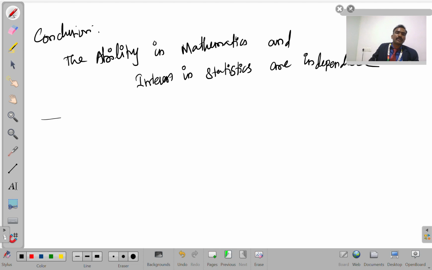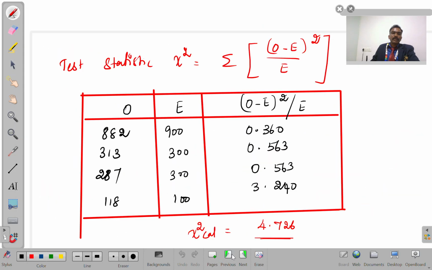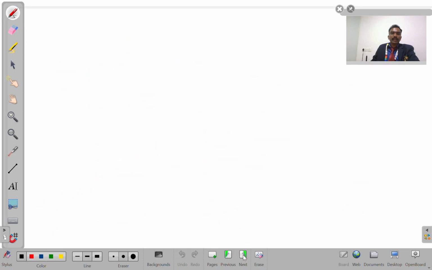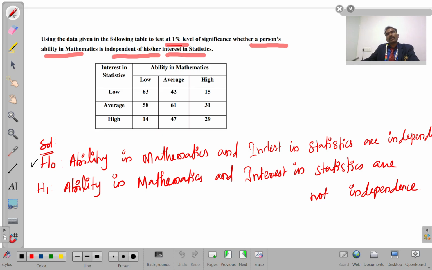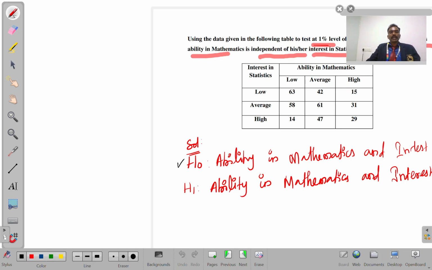In this lecture, we have discussed what the chi-square test is, where we can apply the chi-square test for independence of attributes, and what the advantages of the chi-square test are. In real life problems, wherever you want to check attributes or characters, we can use the chi-square test.